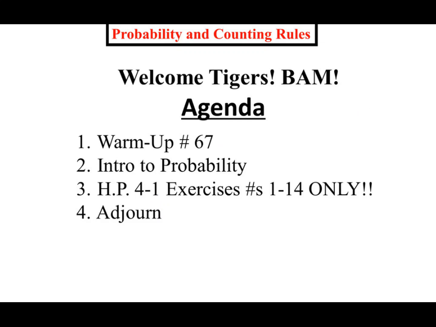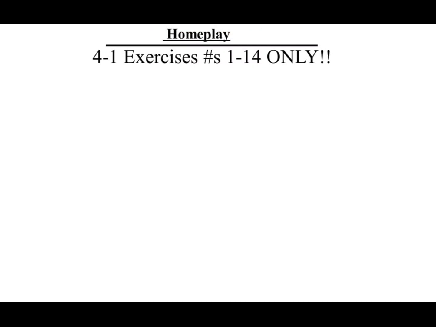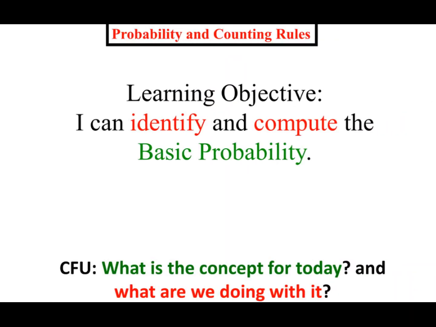All right. So, once again, tonight's home play, numbers 1 through 14 at the end of exercises for 4-1. Lesson 4-1 on probability.